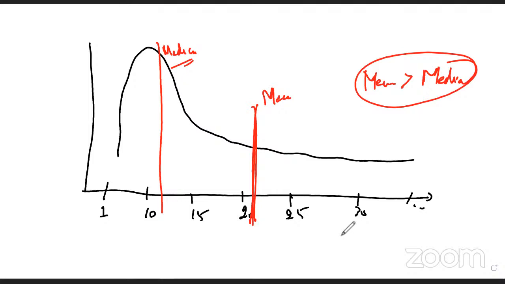Wonderful, great. So if mean is equal to median, I think everybody got it. If mean is equal to median, then it becomes a normal distribution. That's it. So these are all the properties that we have to keep in our mind.